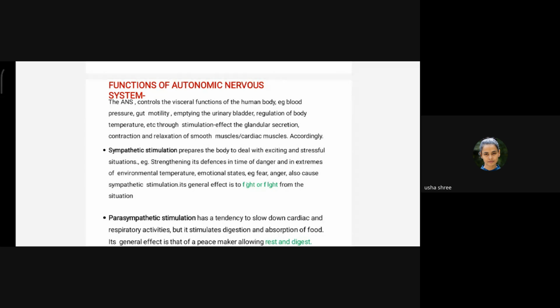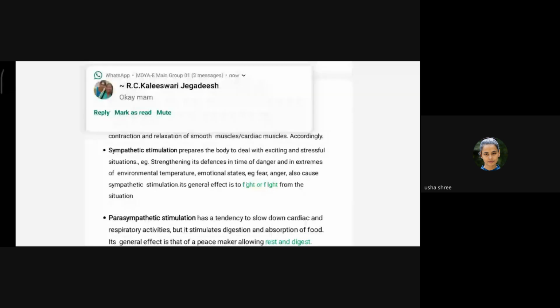Okay, so the terminology depicts itself. Auto means automatically, in which our voluntary control is not involved, right? Autonomic means we don't have any control.